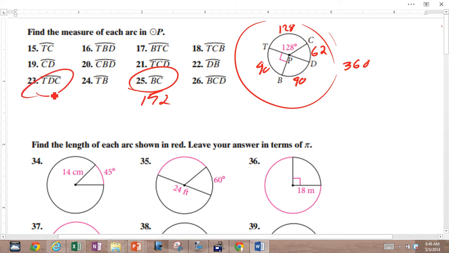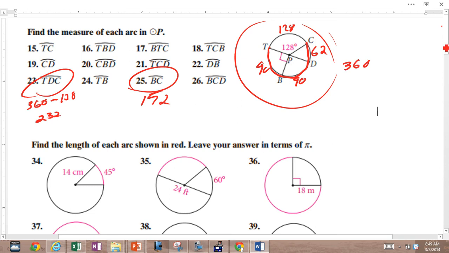For instance, arc TDC is basically the whole circle less that arc. So it's everything but the 128. So it's 360 minus 128, which would leave 232 for that arc measure.